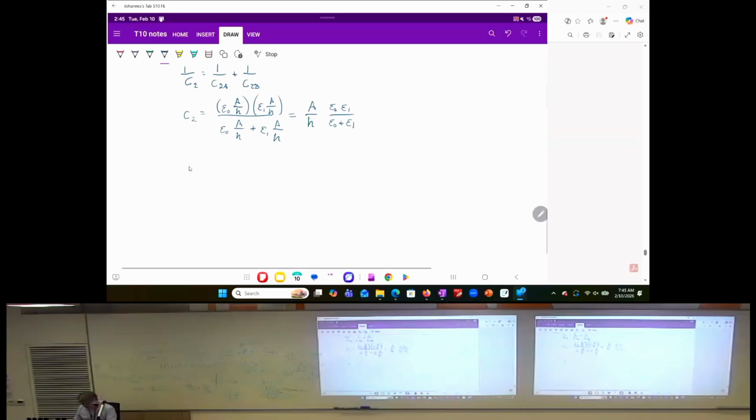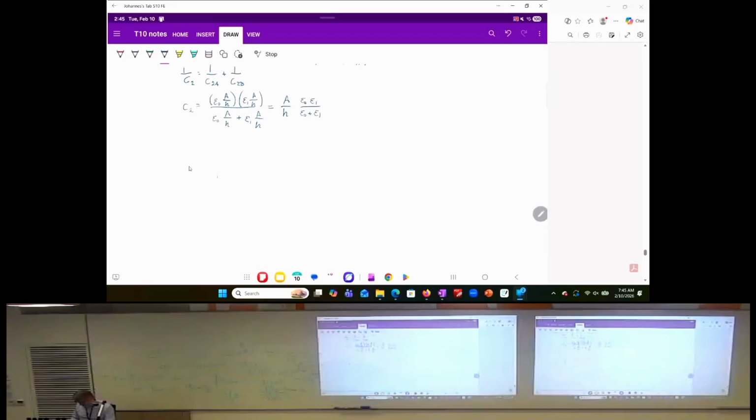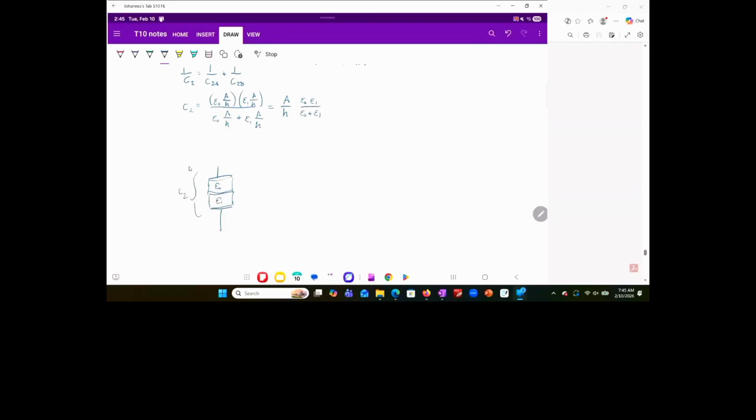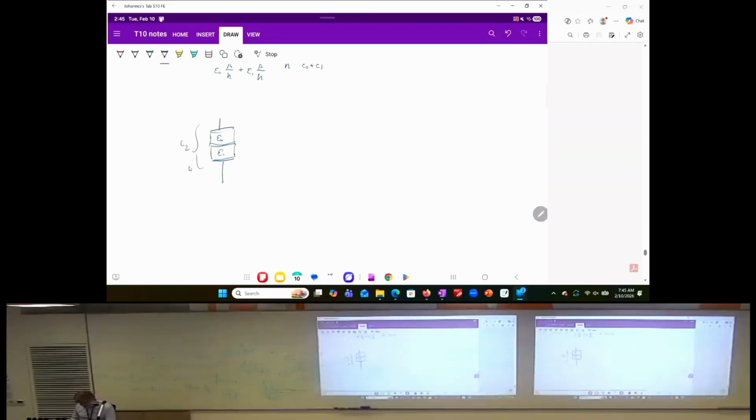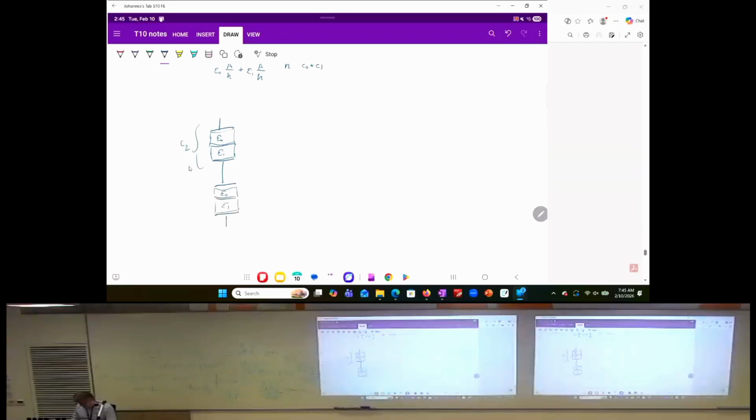Okay, now we have that. We have some capacitors connected in series and in parallel. This is our epsilon 1, this is our capacitor C2, and we have another capacitor C2 connected here.